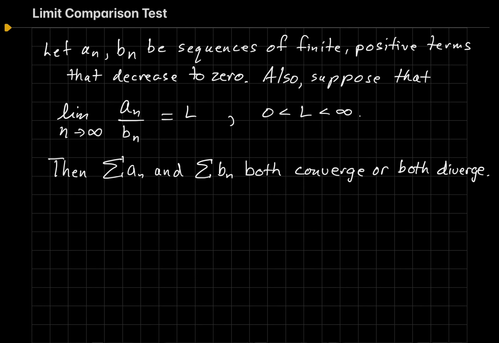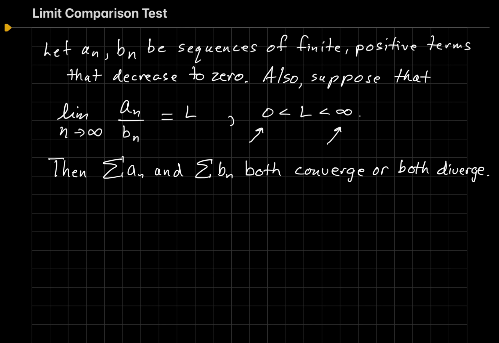The limit comparison test. Consider a sub n and b sub n, which are sequences of finite positive terms that decrease to 0. And suppose that the limit as n goes to infinity of a sub n over b sub n equals L, where L is positive, has to be greater than 0, and finite, less than infinity.